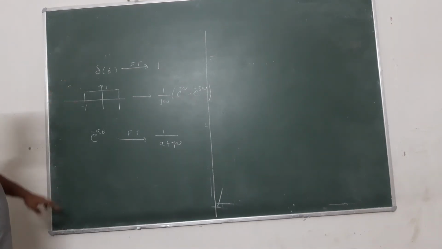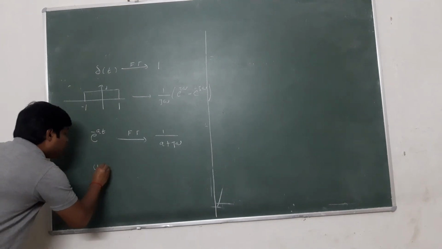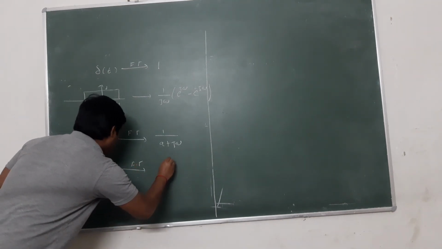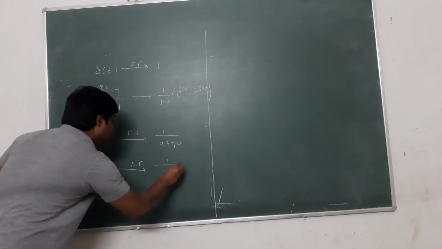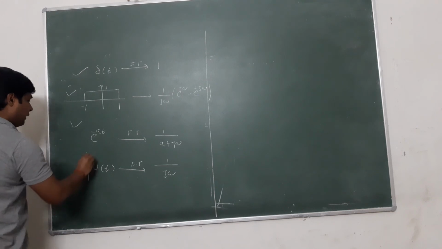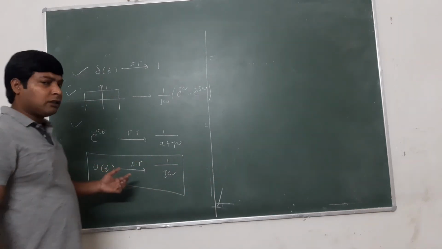These three signals satisfy both conditions. Now u(t) Fourier transform is 1 upon j omega.